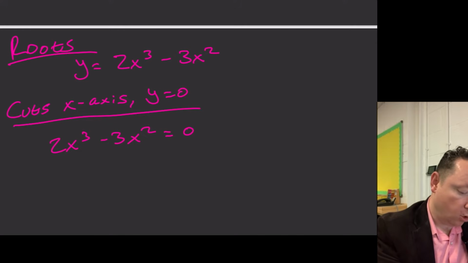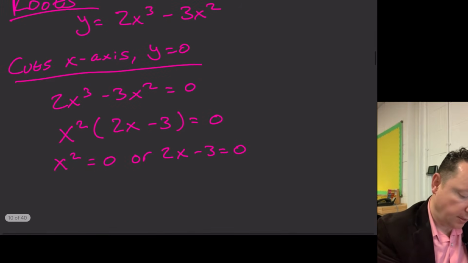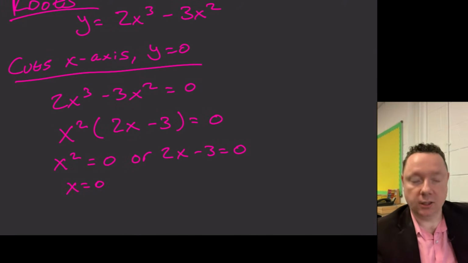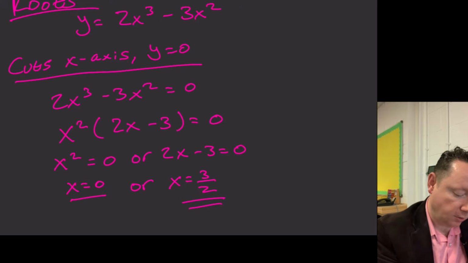We've got a common factor of x squared, which gives x squared times (2x minus 3). So x squared equals 0, or 2x minus 3 equals 0. That means x equals 0, or 2x equals 3, so x equals 3 halves. So we've got our roots at 3 halves, 0 and 0, 0.